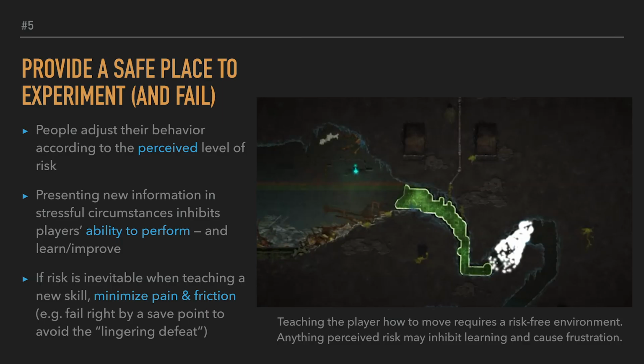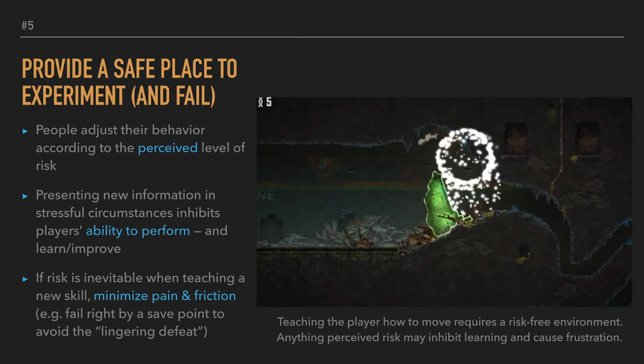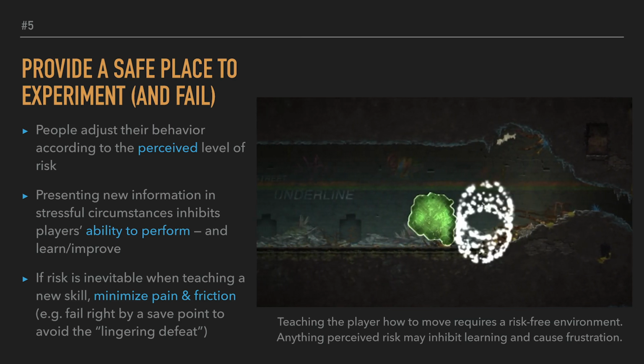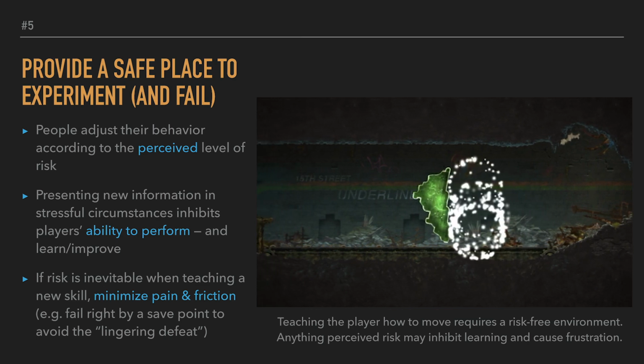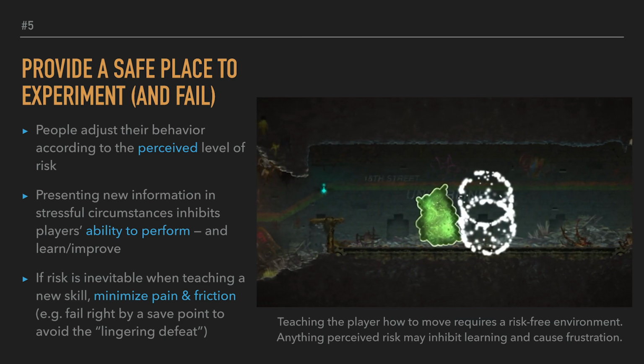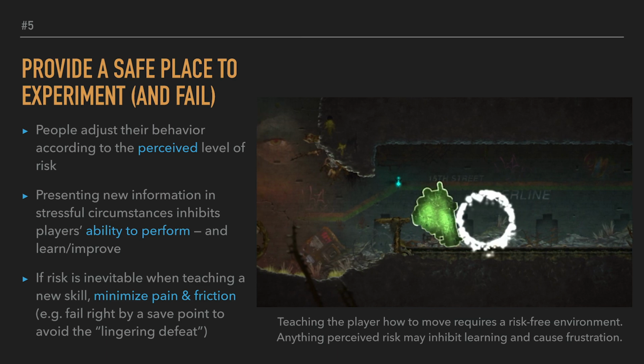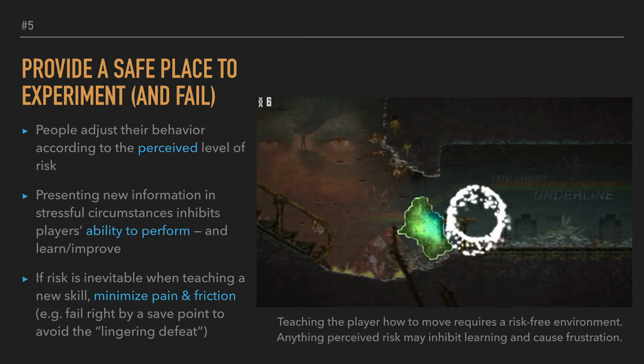Again, it's a perceived level of risk. This is how right now I teach players how to move forward, which is an incredibly difficult task. This is not necessarily how I teach them, it's more like how I make sure that they understood it. But that's not how it started.